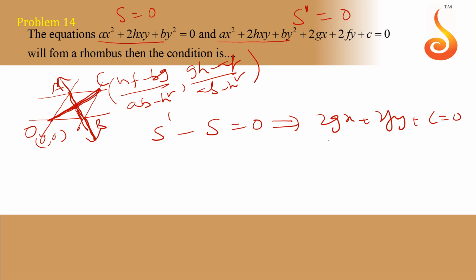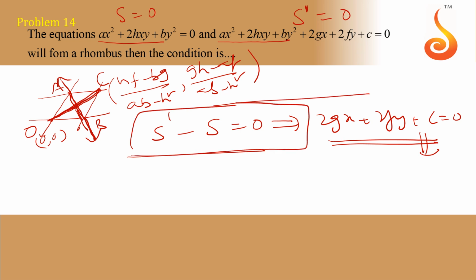So it's a linear equation. I am sure that the equation which I developed is a straight line equation. That is the first observation I did. Then observe carefully. This new equation, 2gx plus 2fy plus c, is generated by this work S dash minus S.